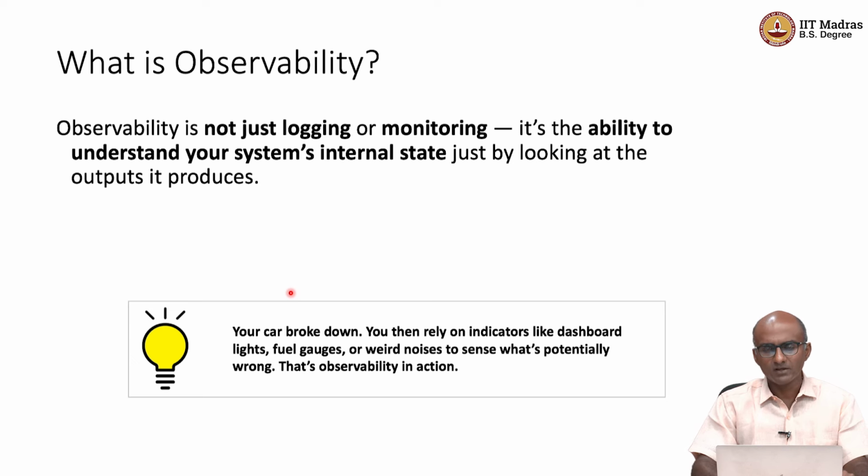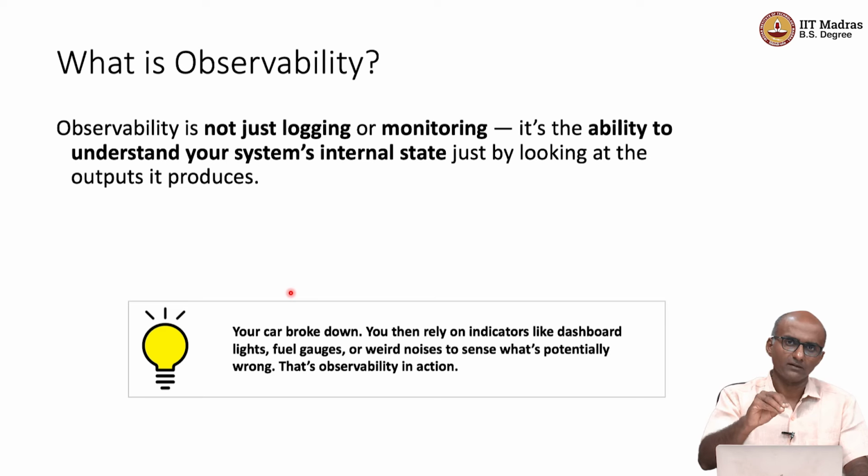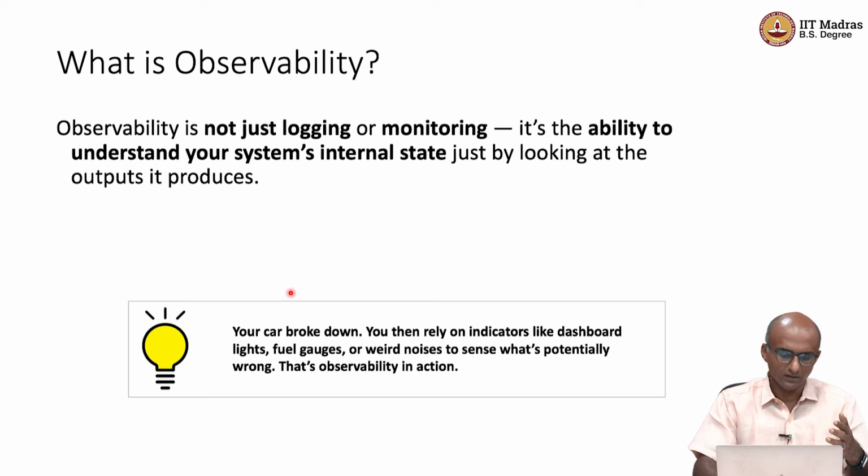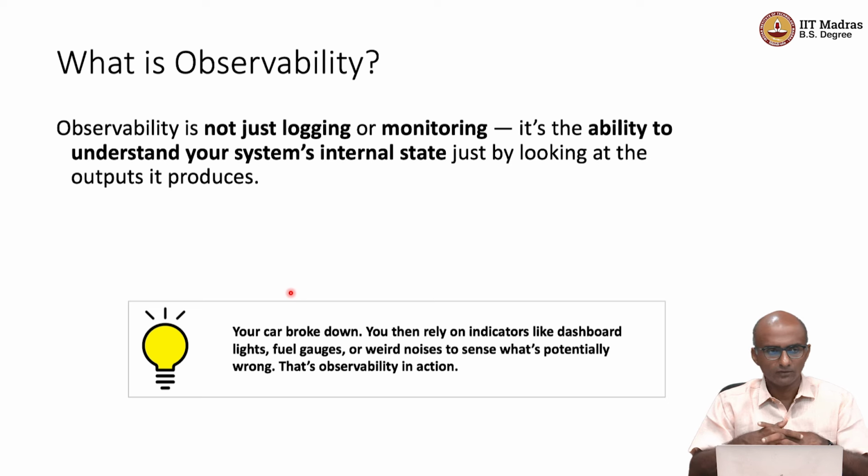So what observability focuses on is not just monitoring, which is what we did in the first video, but it's also interested in peering into the system and trying to make sense of some of the symptoms that are coming from the system. The key is that it doesn't know anything special about your system, except for the outputs that the system itself is producing. Let's say, for instance, it's a machine learning model running on a Kubernetes cluster.